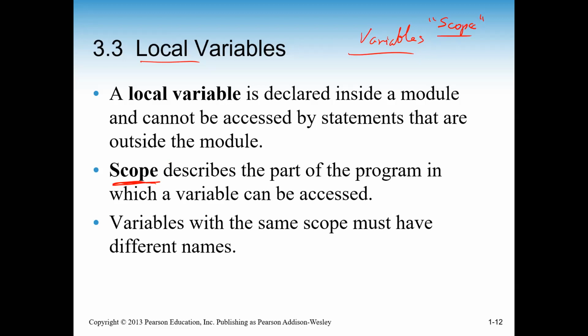A local variable is declared inside a module and cannot and should not be accessed by statements that are outside the module. Usually by default, programming languages will restrict it. So if you declare something within a module, in Python in particular, it's going to say, okay, this is within a function, and the scope of that is just that function.